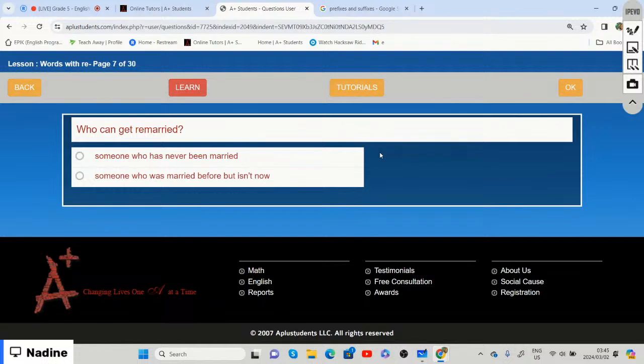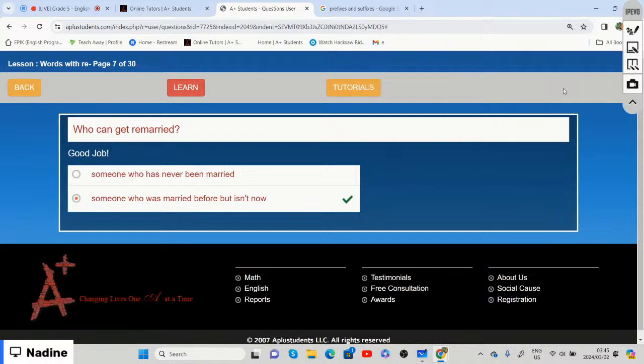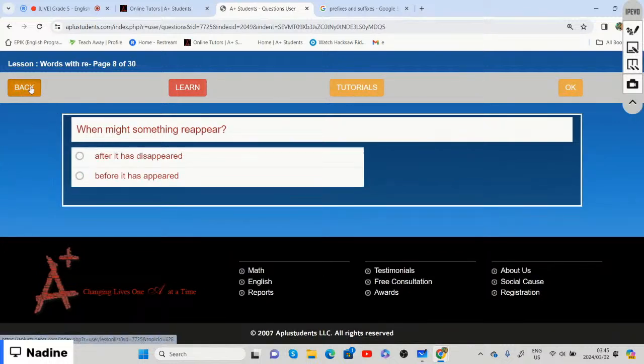Someone who has never been married cannot remarry. So it must be someone who was married before but isn't now, because of separation or divorce. They can remarry. All right.